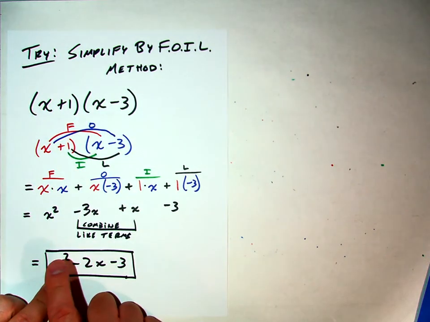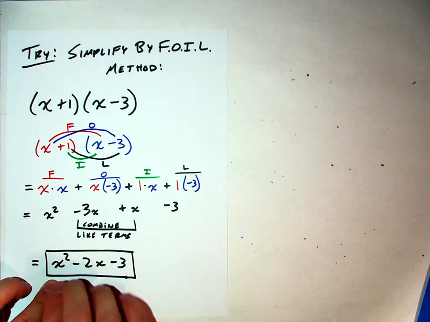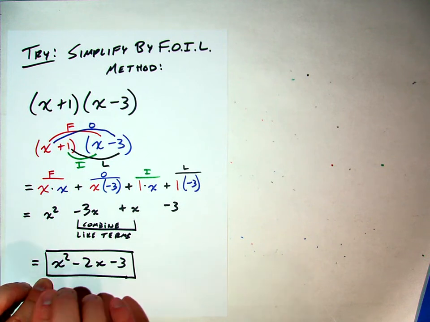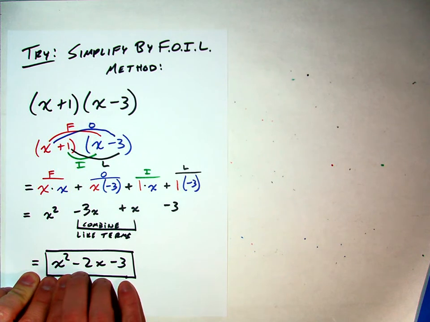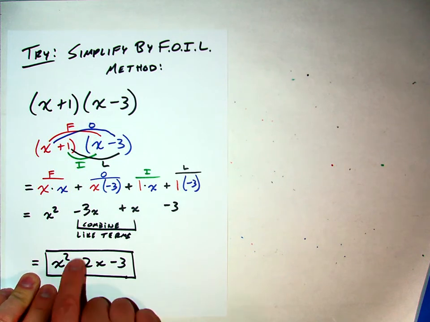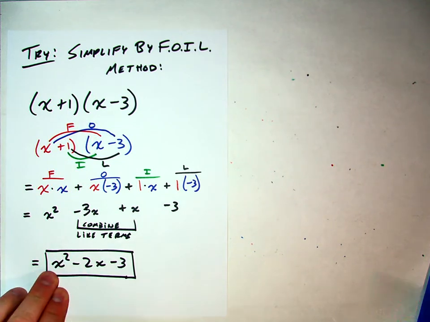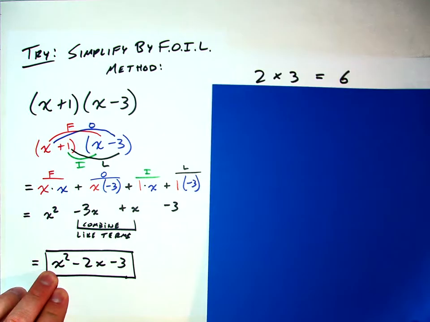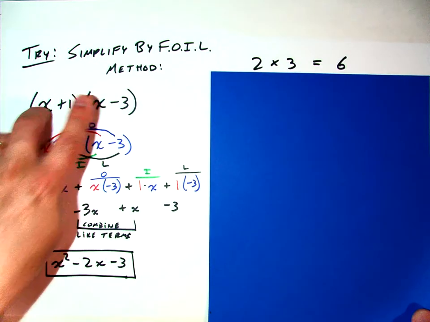The squared, the 2 exponent for the x, makes this what's called a quadratic. So this unit is going to be all about quadratic expressions and equations and functions. So today we're going to talk a little bit about the quadratic. We multiplied these 2 linear binomials and got this.